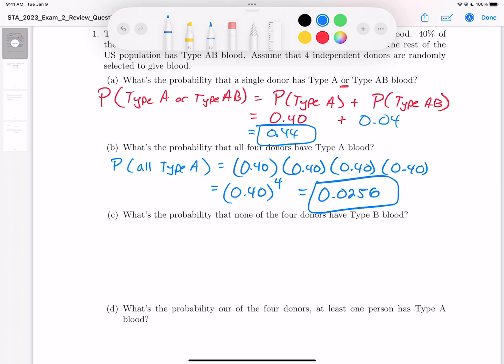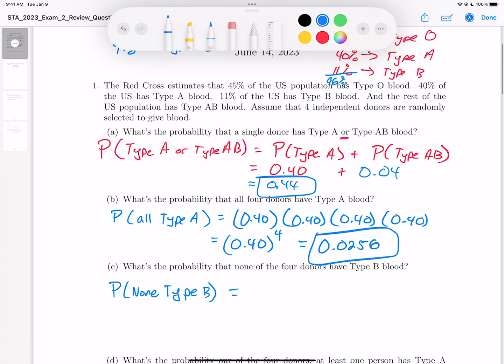All right. Here we go. What's the probability that none of the 4 donors have type B blood? Excuse my not perfect English here, but what's the probability that none of them are type B blood? Well, what's the probability that somebody has type B blood?